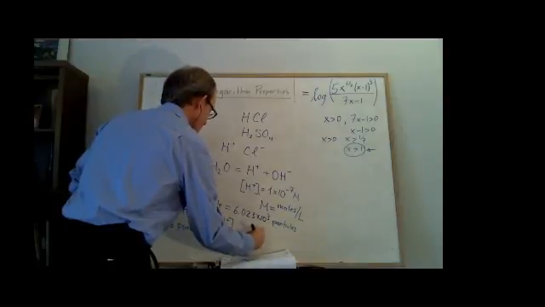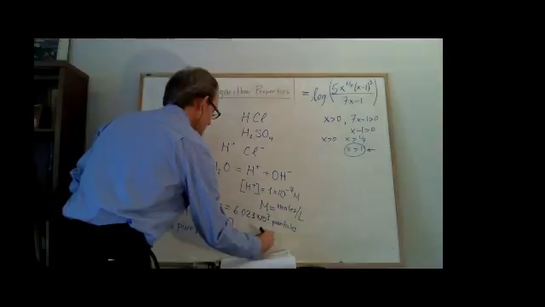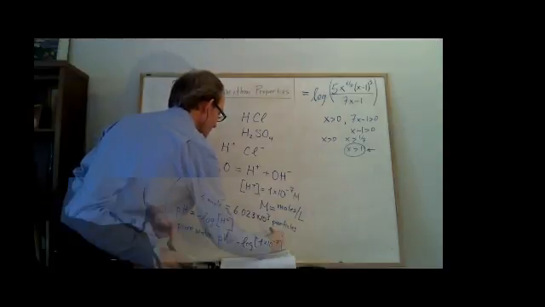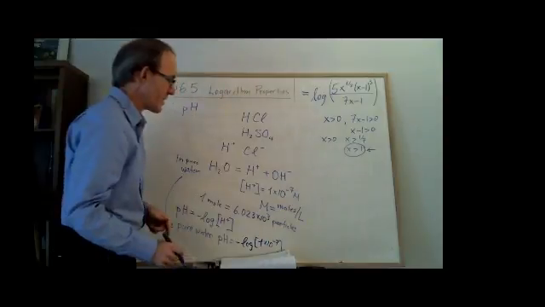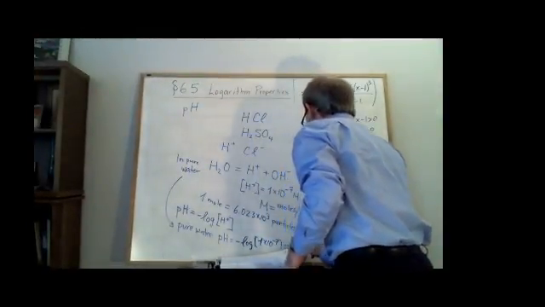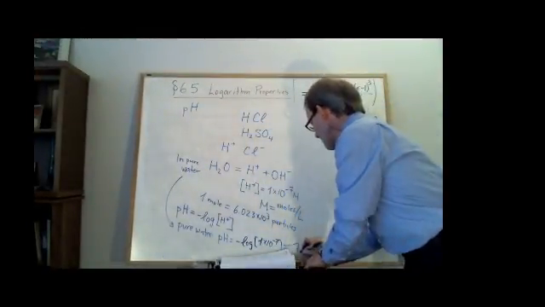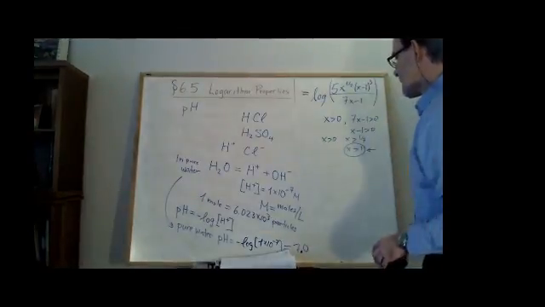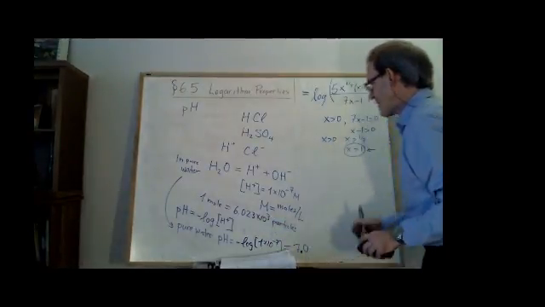So log base 10 of 1 times 10 to the minus 7. The log is base 10, so this is just 10 to the power minus 7. So the minus 7 comes up front, and you get 7. Usually write it to a single decimal place. The minus sign will cancel the minus sign here.